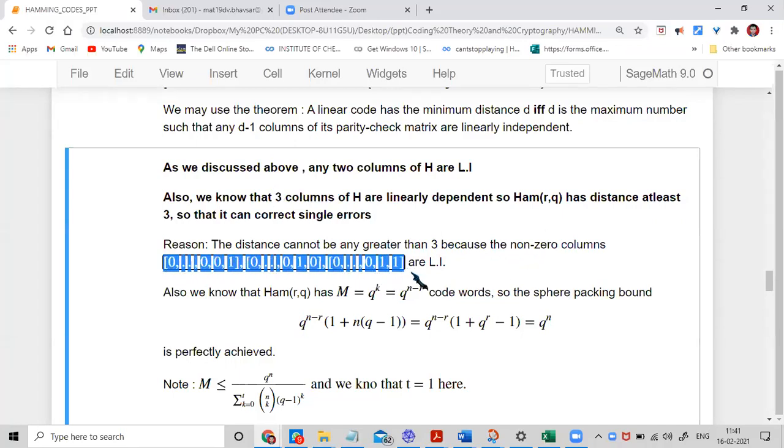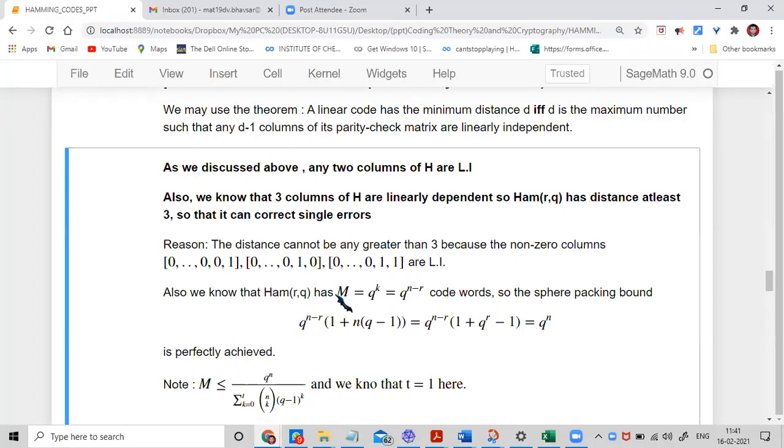So these 3 columns are linearly dependent, I meant to write linearly dependent. So they are always linearly dependent, so there is no chance of the distance being greater than 3. And that would prove that the distance is equal to 3.